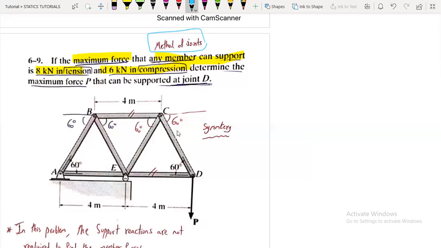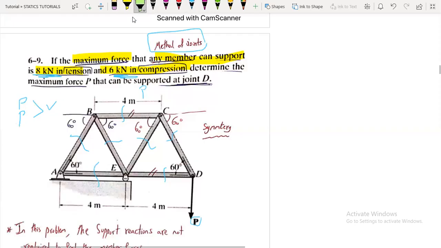Okay, so here we will get the force of each member in terms of the external force P. And finally, the highest value of the compression forces, we will equate it to 6 kilonewtons because it's the limit, and we will get the value of P. And the highest tensile force of all the members, we will equate it to 8 kilonewtons because it will be the critical value, and we will get two values of P, and we'll choose what? The smallest value of P for safety.